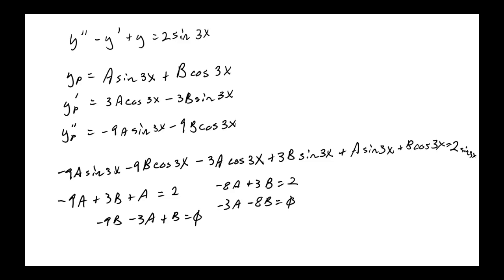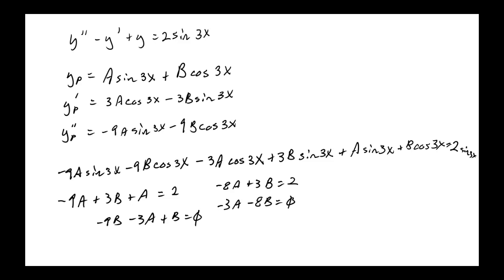Where do we go from here? Anybody? Where do we go from here? We solve for B. How? Well, we set those two equations equal to each other? I don't think so, because this one's equal to 2, that one's equal to 0, and 2's not equal to 0.